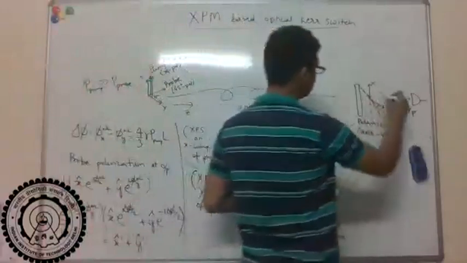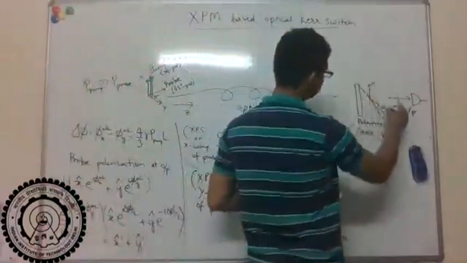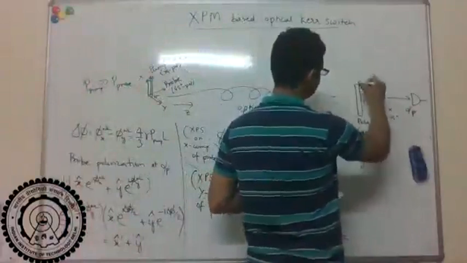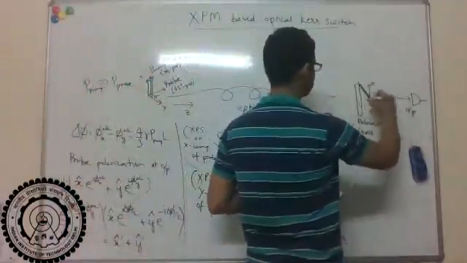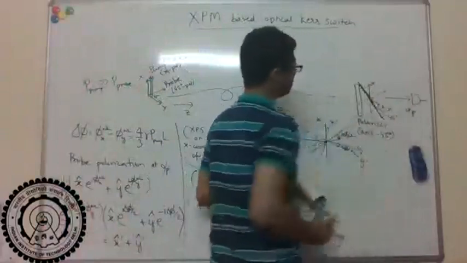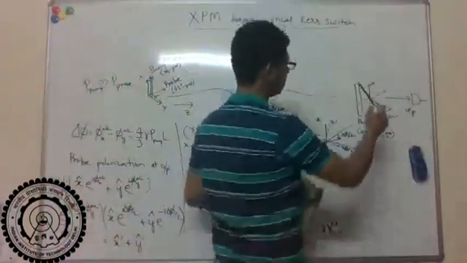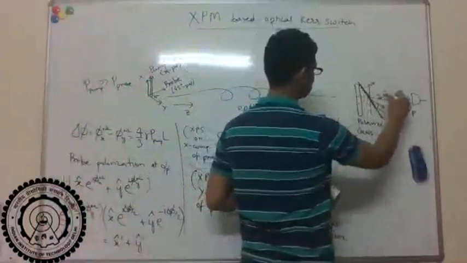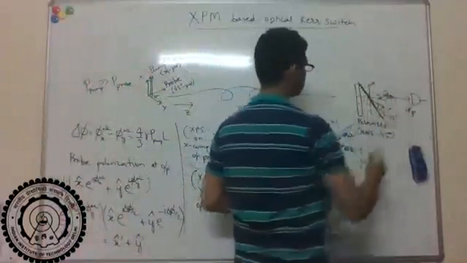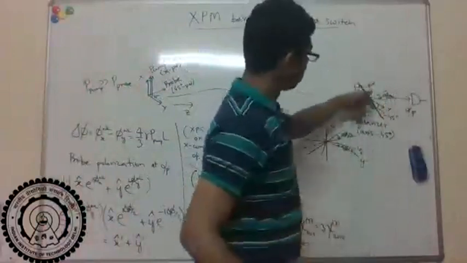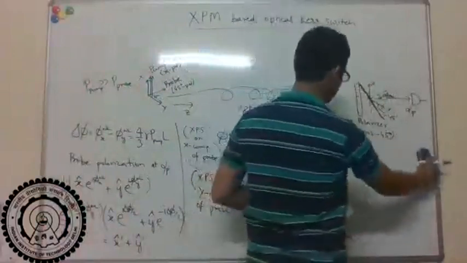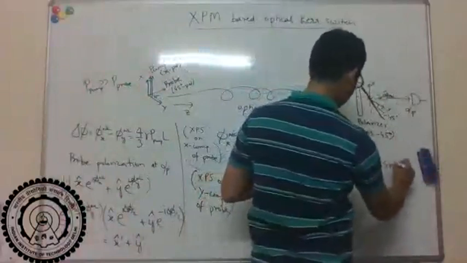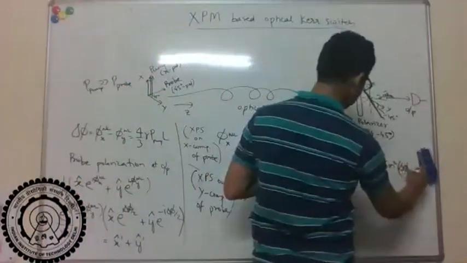So the initial probe, so this is the axis of the polarizer. Initially, without the pump, the probe is orthogonal, so nothing gets through. Now there's a small rotation. So now the power getting through the polarizer will be sine squared delta phi by 2.